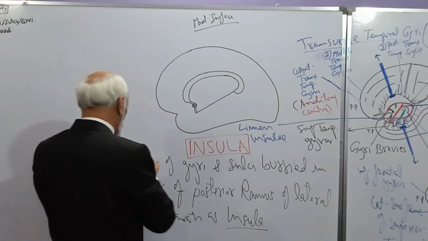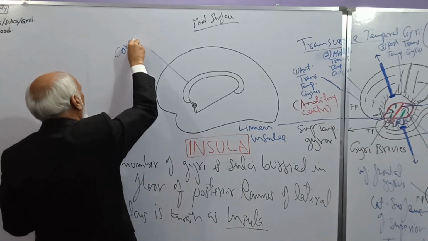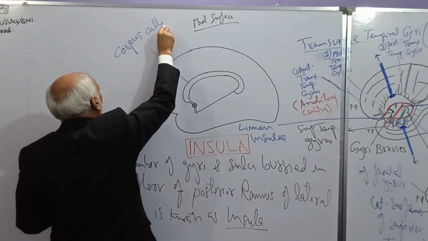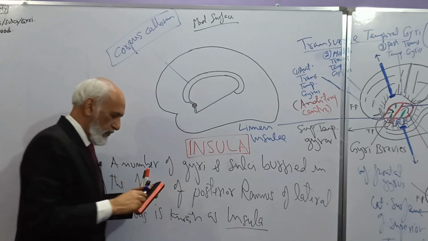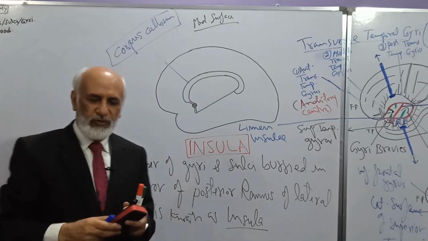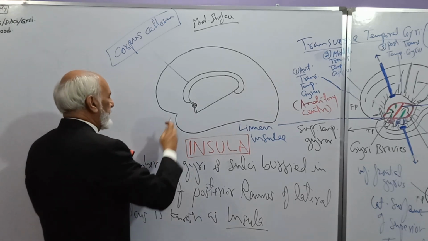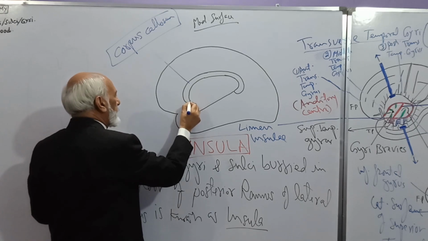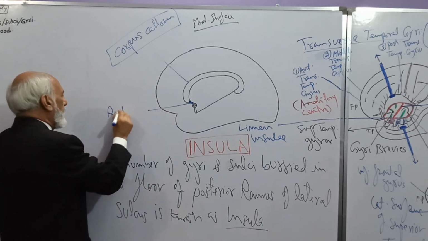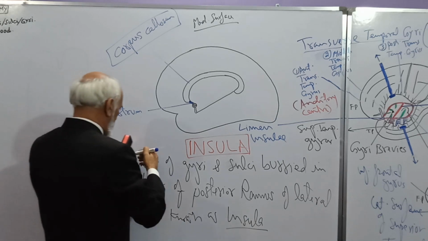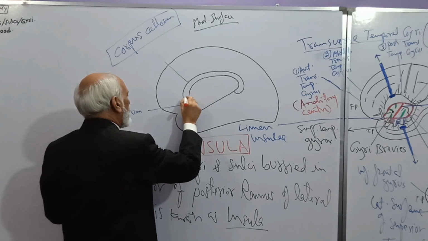Number one, this is the corpus callosum. A thick bundle of white matter connecting the two cerebral hemispheres. Now this corpus callosum we divide into different parts. This is the rostrum of the corpus callosum. Then there is the rounded anterior end of the corpus callosum.